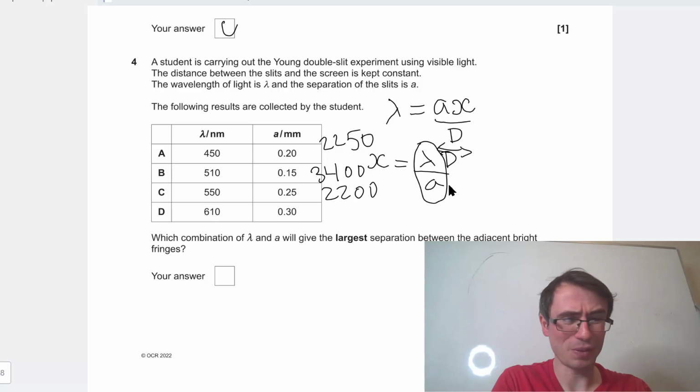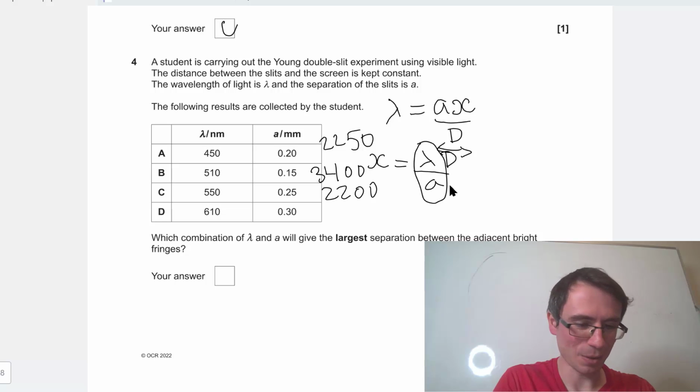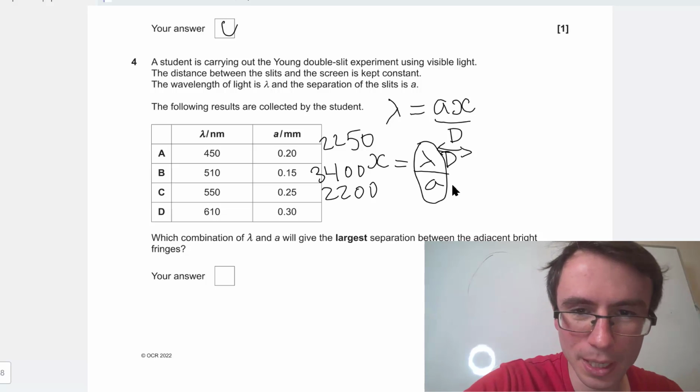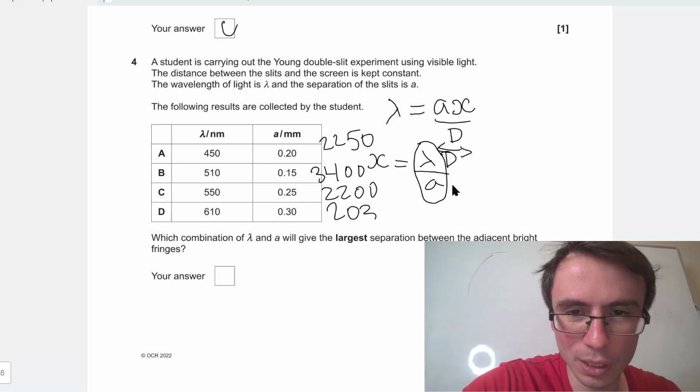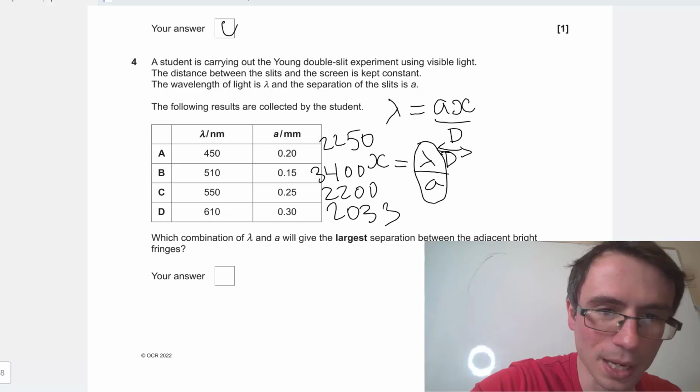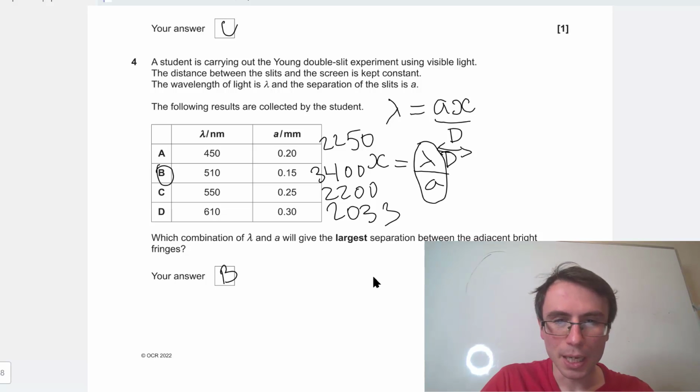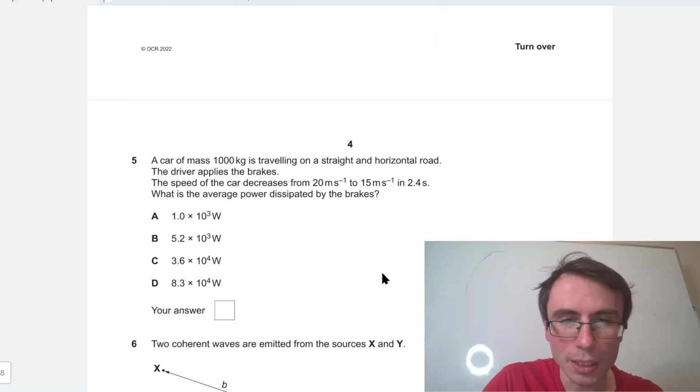Probably there's an easier way of doing it, but I'm kind of stuck with this way now. 610 over 0.30. This one is 2033. We seem to have a winner, and that is indeed B. Okay, let's move on to the next one.